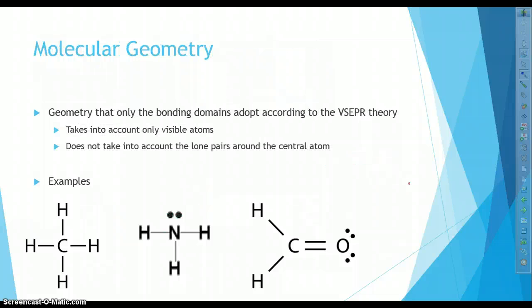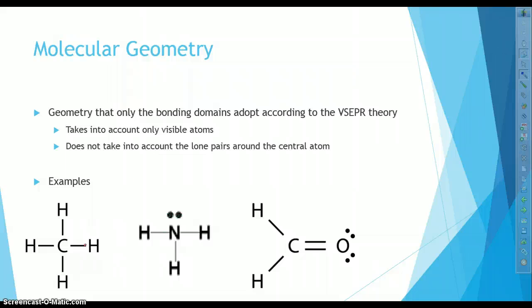Now, molecular geometry. This one does take into account only the atoms. You ignore the lone pairs for this one. So the lone pairs are not part of the molecular geometry. In this one right here, we had 4 electron domains, but all 4 of them are atoms. So if you look at the second chart on the molecular geometry handout, this one would have an X of 4, E of 0.